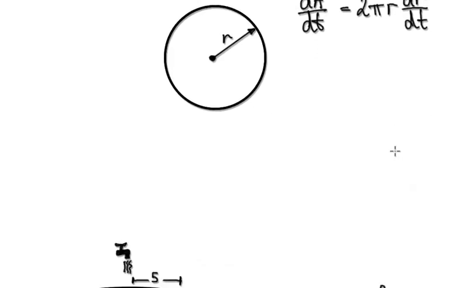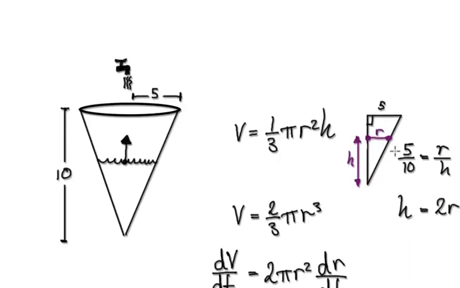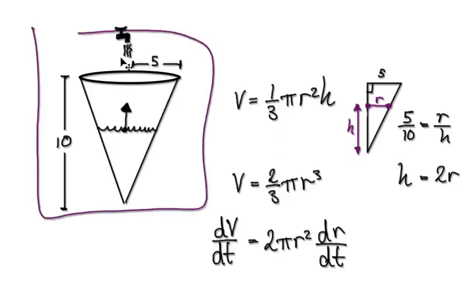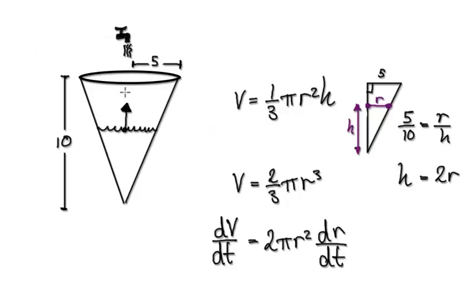Another one is this one here. We've seen this problem before. You're filling up this conical tank with water. The problem will give you a volume as time goes on, so you will be given dV by dt, and then up to a certain height, which will be given to you.